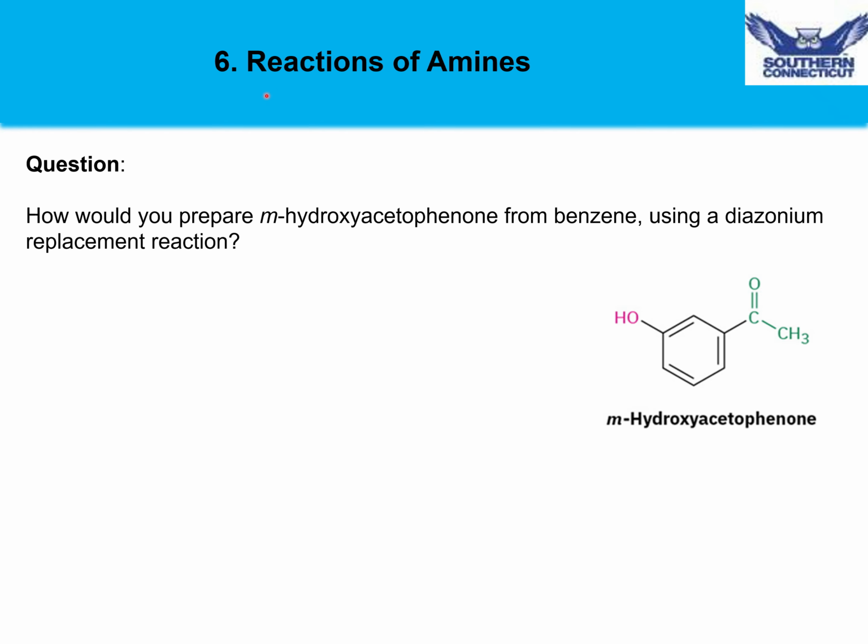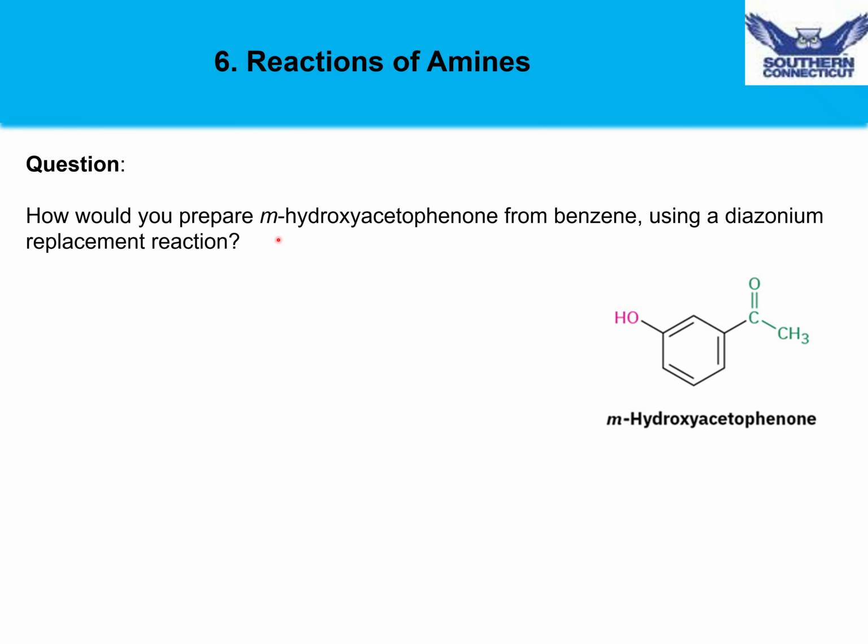The Sandmeyer reaction now gives us another method to add substituents onto a benzene ring. So in combination with electrophilic aromatic substitution reactions and nucleophilic aromatic substitution reactions, we can do a number of manipulations around a benzene ring.